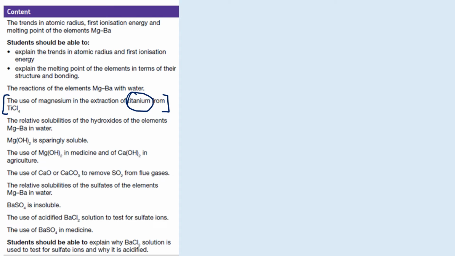Now the first one we don't really need to know, but it kind of helps our understanding. So titanium is found, like a lot of metals, in its ore, and one of the main compounds found in titanium ore is titanium oxide, TiO2. Now what happens is this ore is obviously mined, but then it's reacted with chlorine.